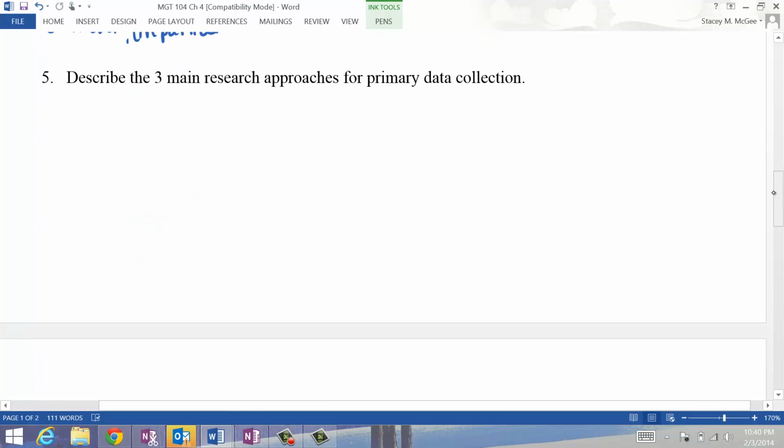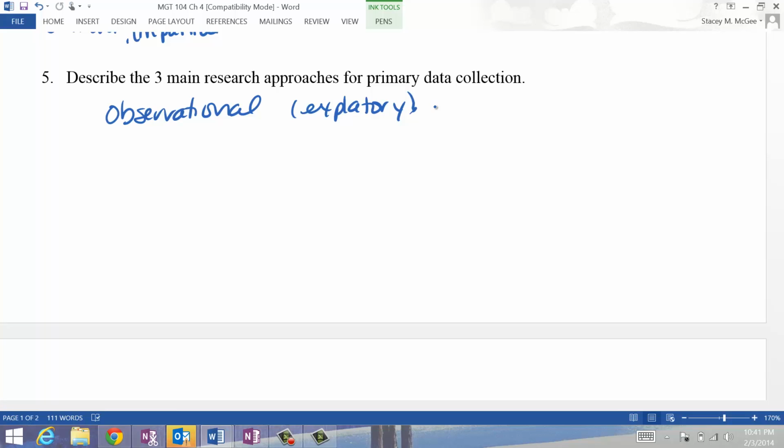The three main research approaches would be observational. This would be great for exploratory research. There's really some good technology that can help us do some observational things. Sometimes you want to use observational if you're dealing with a population that can't describe it to you.